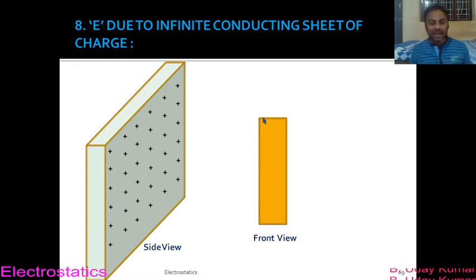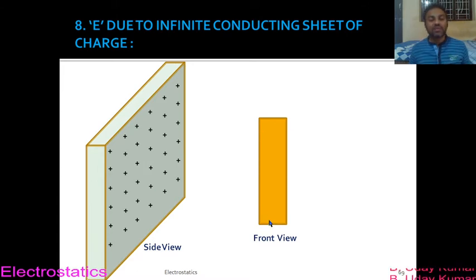Actually it's a line, but for convenience in the derivation, we have taken its thickness as a finite value. So if the thickness is represented by a finite length, it looks like a rectangle.